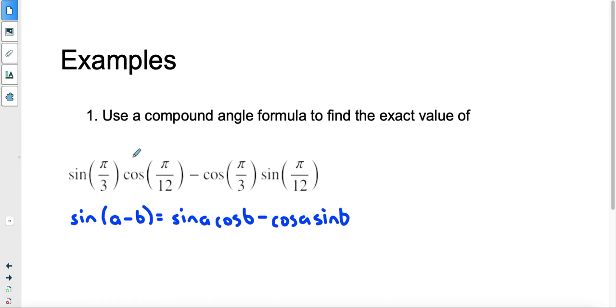Here, angle A would be pi over 3, and angle B would be pi over 12. So that means all of this simplifies to equal sine of A minus B. Or in other words, sine of pi over 3 minus pi over 12.